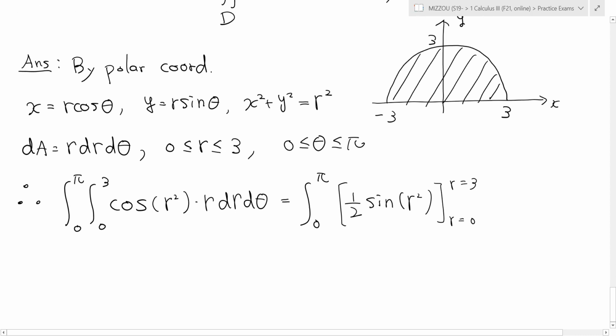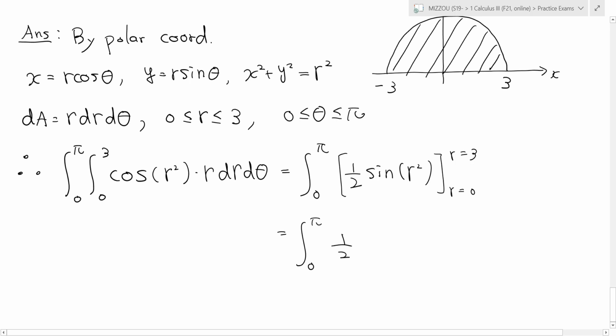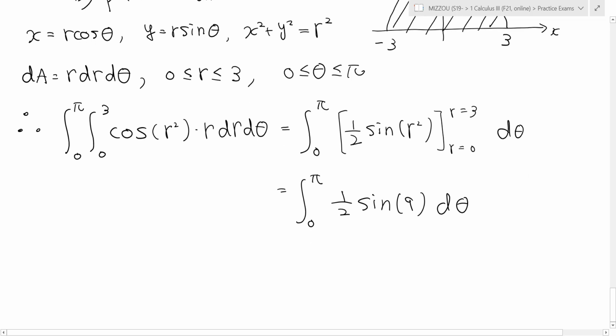All right, and then 1/2 sine 9 minus 0, that's 0, so minus sine 0 is 0, so 1/2 sine 9. It looks strange, but that's okay. d theta, I forgot d theta here. And then you integrate with theta from 0 to pi, but this is just a number, right? It looks strange, but it's not a variable, it's just a number. So this becomes pi over 2 sine 9. Right, so that's the answer.